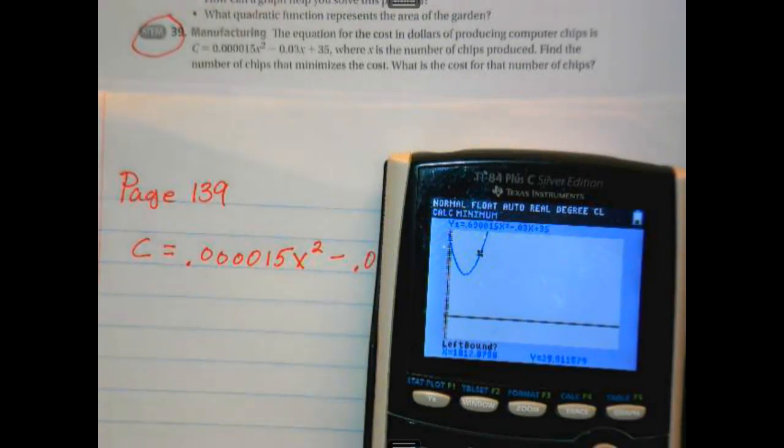Okay, left bound: get to the left of our vertex, hit enter. Get to the right of our vertex, hit enter, and enter again. Our vertex is, rounding this, 1,000, 20.